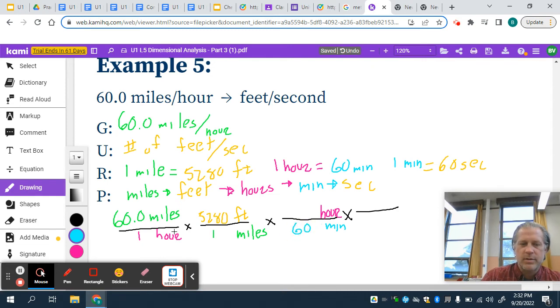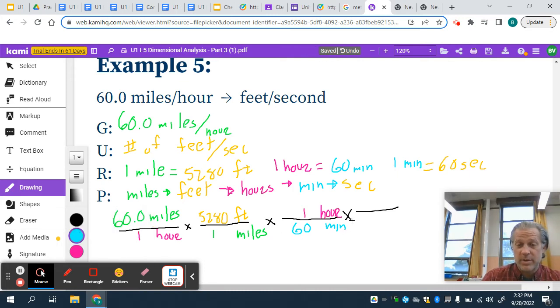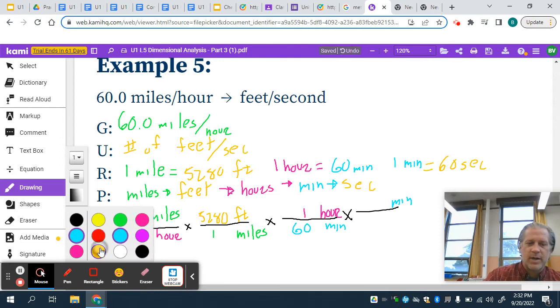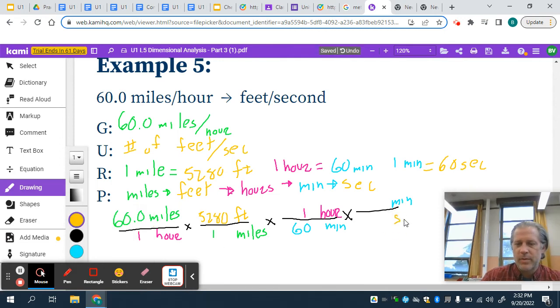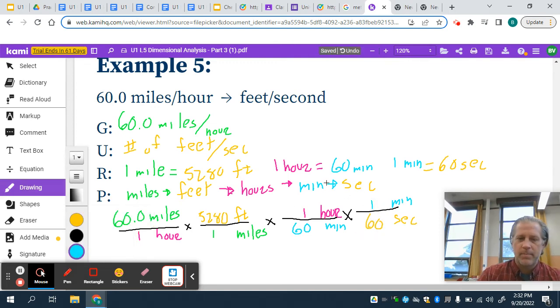So we have 60 minutes and 1 hour. And now we want to get rid of minutes. So because minutes is on the bottom, I need to put minutes on the top and seconds on the bottom. And in this case, we have 60 seconds is equal to 1 minute.